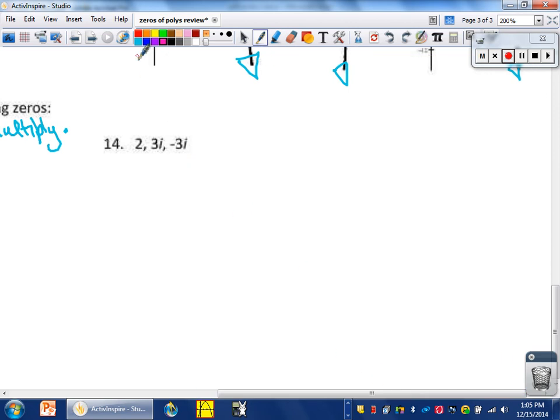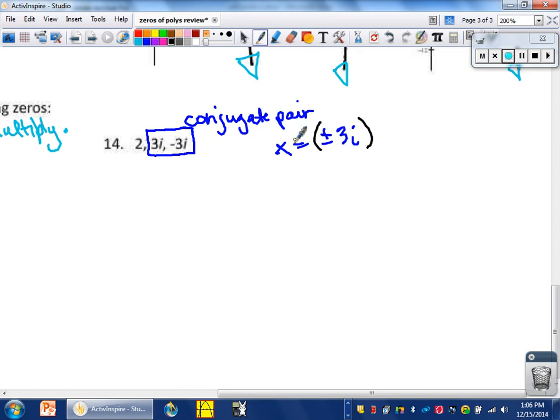Okay, so same thing over here, only you notice we have some imaginary numbers. These two go together, we call them a conjugate pair. So what you want to do here to get the factor is basically unsolving these. We know that x equals plus and minus 3i as the solution. So if we were going to unsolve it, the first thing we would do is square both sides. Gesundheit.